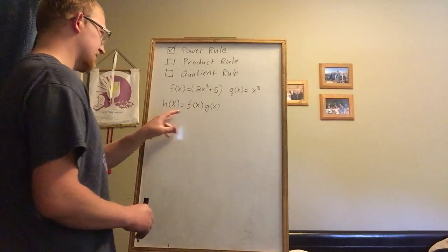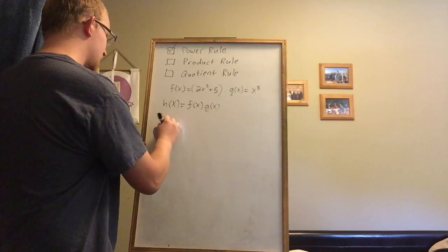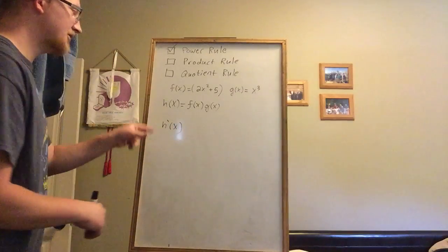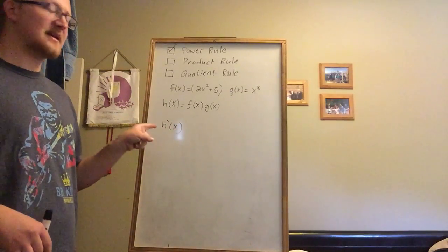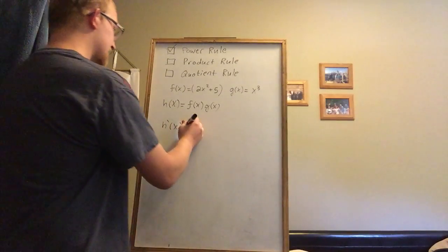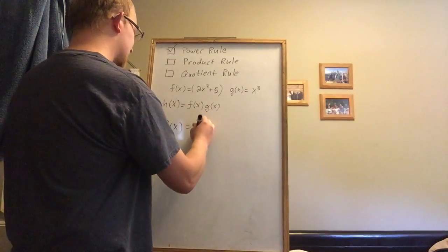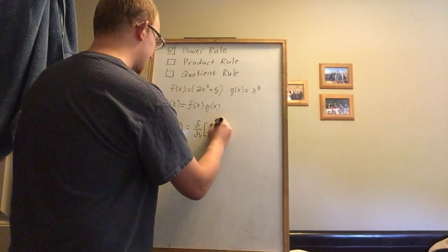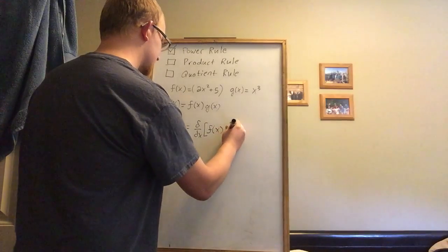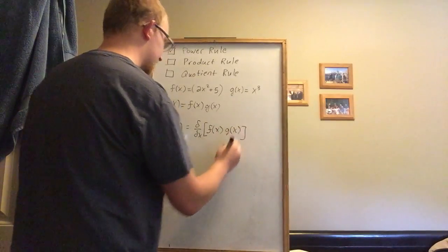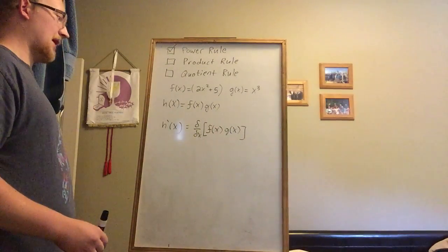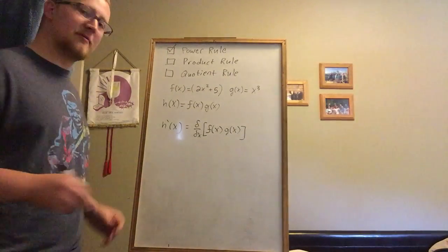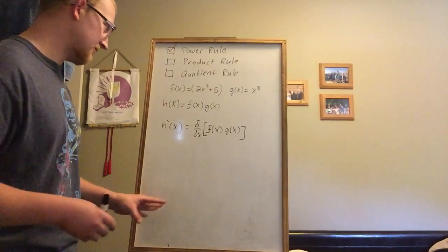So the product rule says that if I want to take the derivative with respect to x of h of x, so shorthand that's h prime of x. So what I'm looking to do is I'm looking to take the derivative with respect to x of f of x times g of x. And so how I'm going to do that is a cool saying that I've been using since I learned this myself.